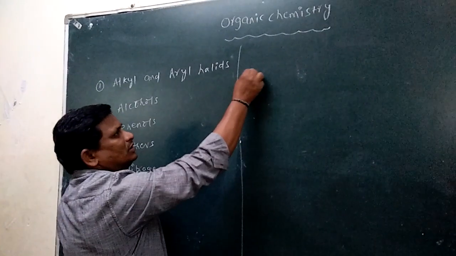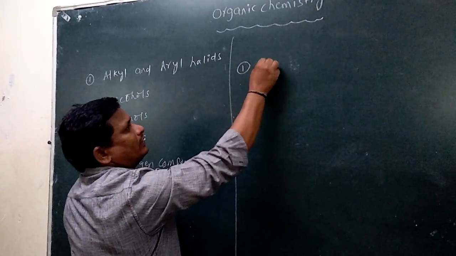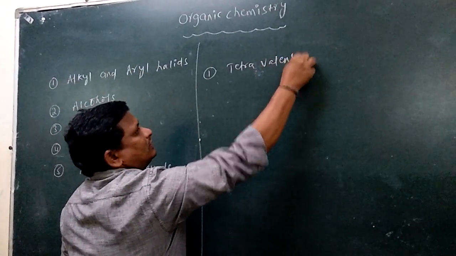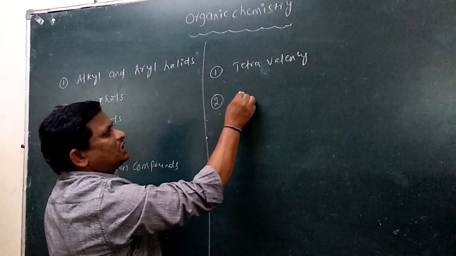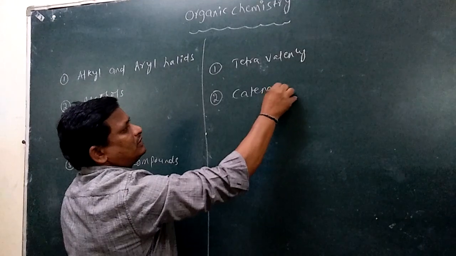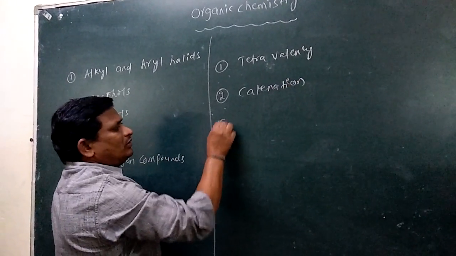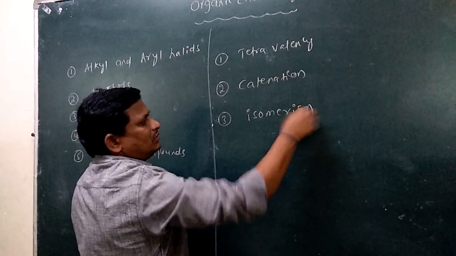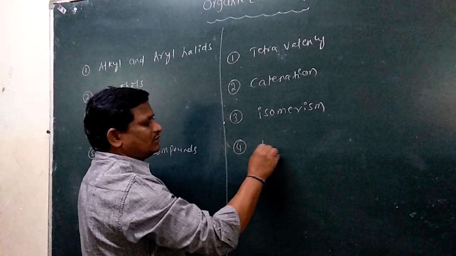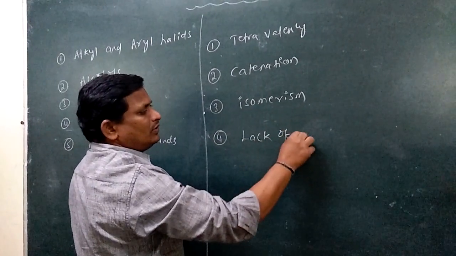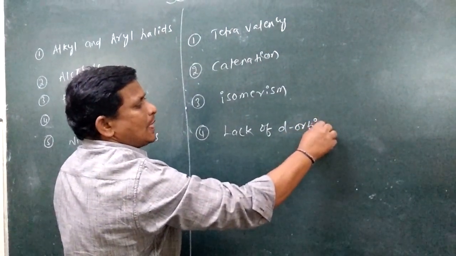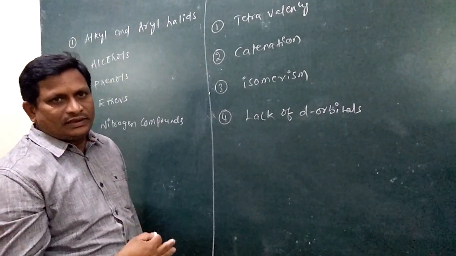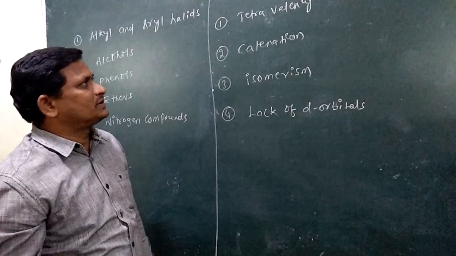Due to carbon tetravalency, second one is catenation power, third one is isomerism, fourth one is lack of d orbitals. So due to these four properties, carbon produces many number of carbon compounds.